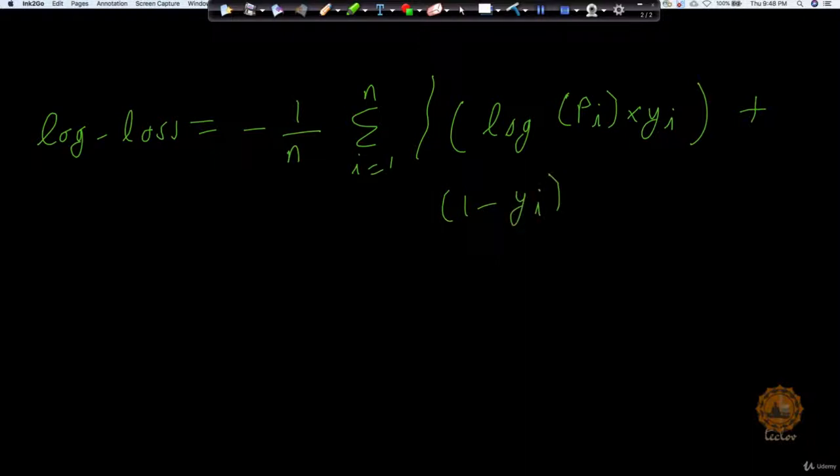Between both of them, only one is going to be true. So if the value is 1, then this value will become 0, right? So only this term will make sense. And then log of 1 minus pi, which is again the probability.